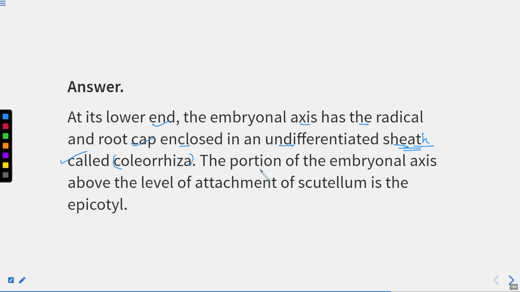The portion of the embryonal axis above the level of attachment of the scutellum is known as the epicotyl. One is epicotyl, one is hypocotyl. Epi means above, hypo means below.